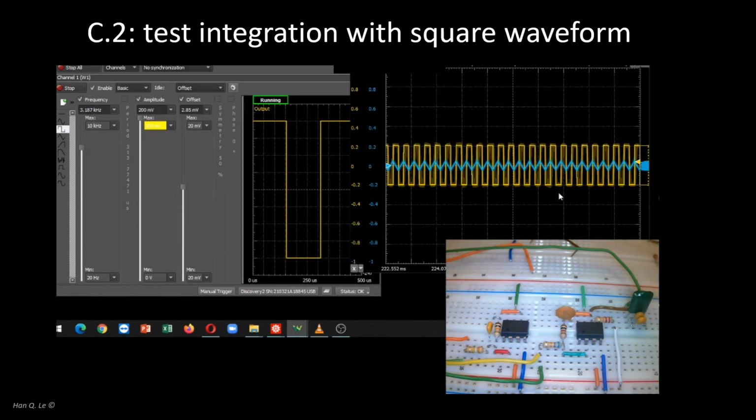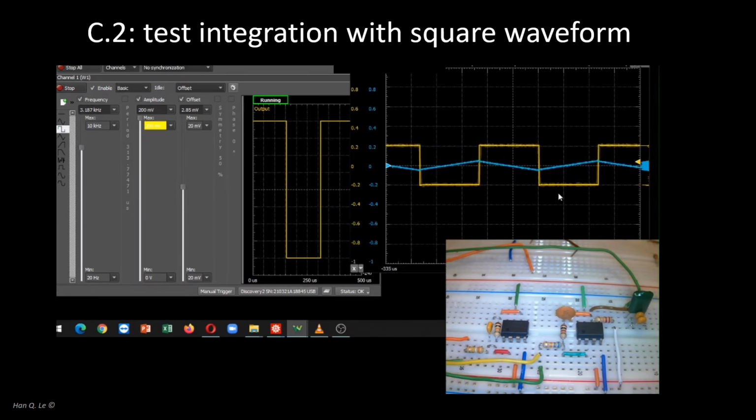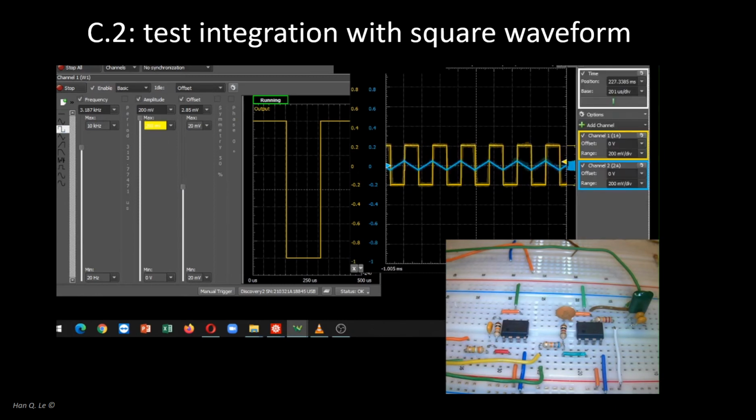To measure and report the output amplitude versus frequency, the scope time and amplitude scales were occasionally adjusted.